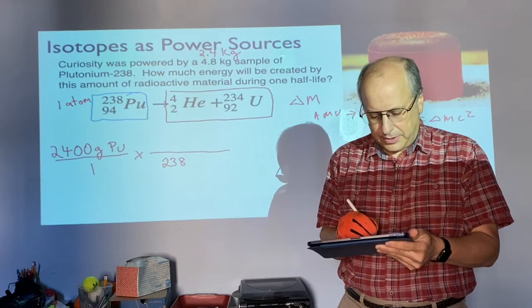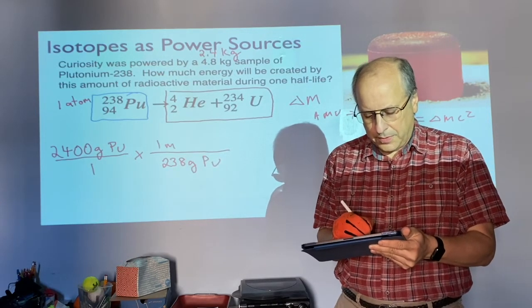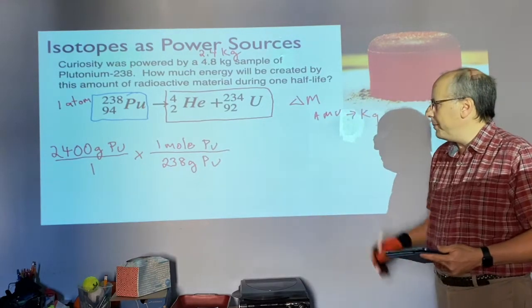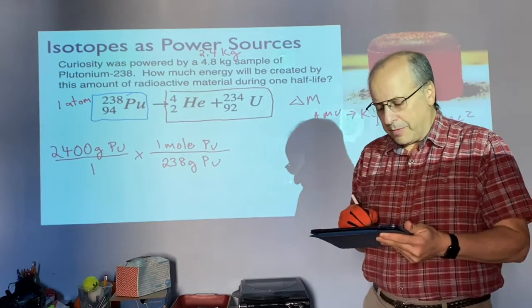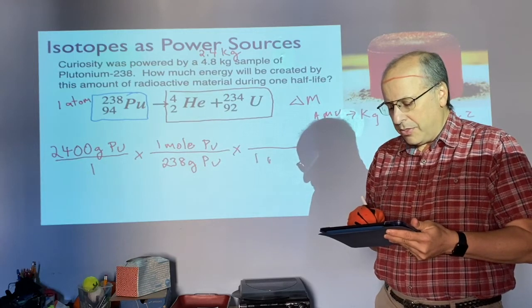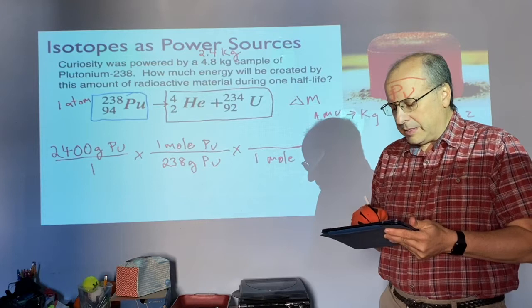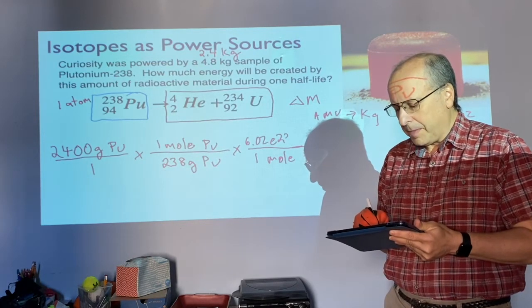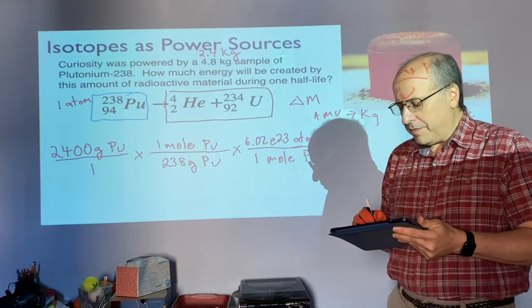Okay, then what you want to do is realize that 238 grams of plutonium would be 1 mole of plutonium. Okay, just like you would have done back in your chemistry class. You then hopefully will remember from chemistry that 1 mole of anything is 6.02 e to the 23rd atoms of that substance.